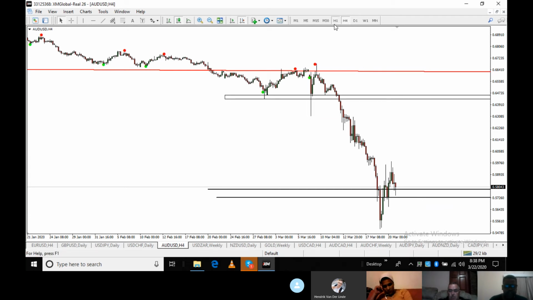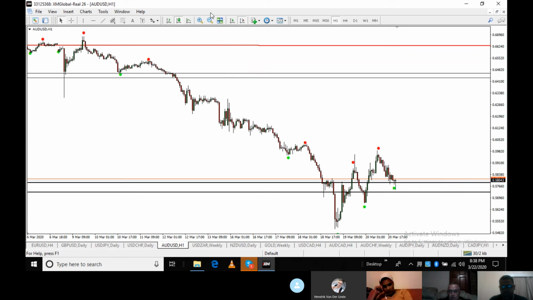If I go to 1 hour, you can already see the bullish movement that is coming into play. All we have to do is wait for confirmation, and we can run all the way up to here.